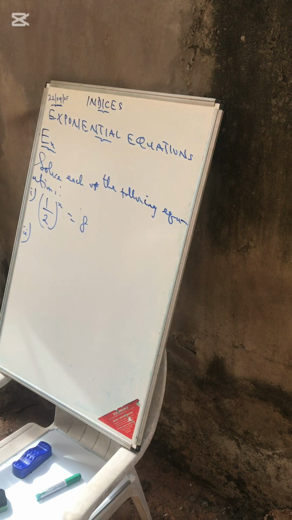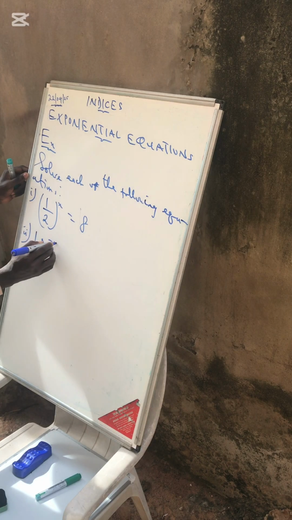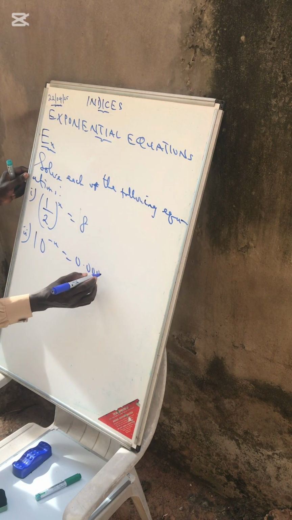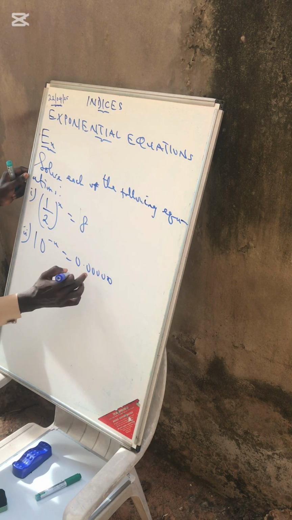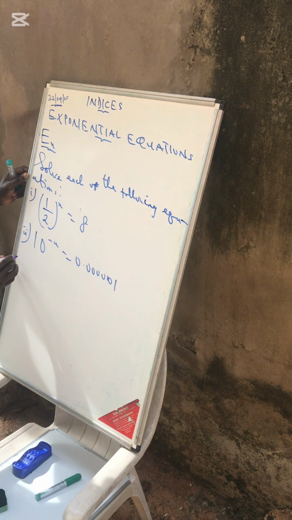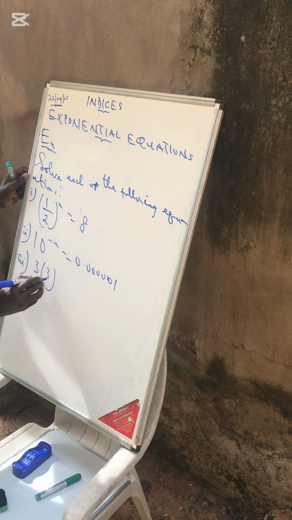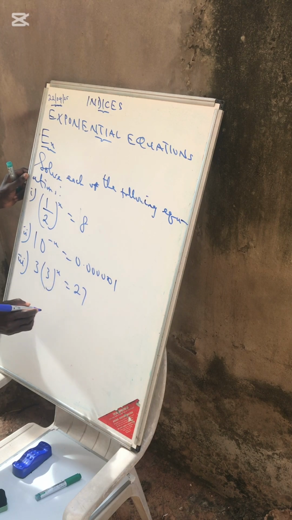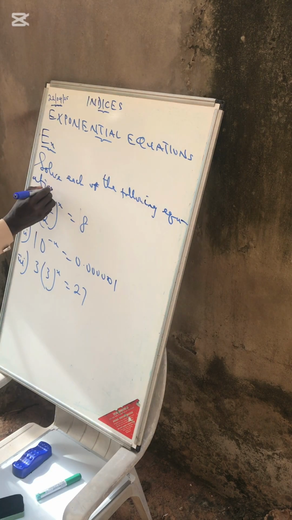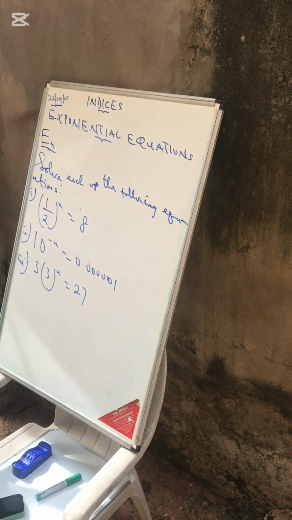Roman figure 2: 10 raised to the power minus x equals 0. And Roman figure 3: 3 times 3 raised to the power x equals 27. Are you there? So let's go to the solution.